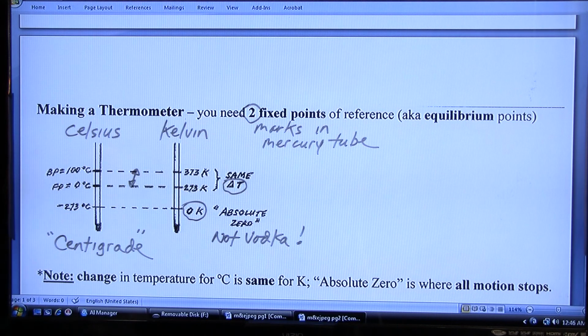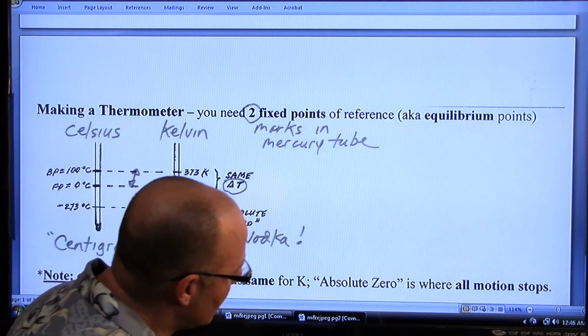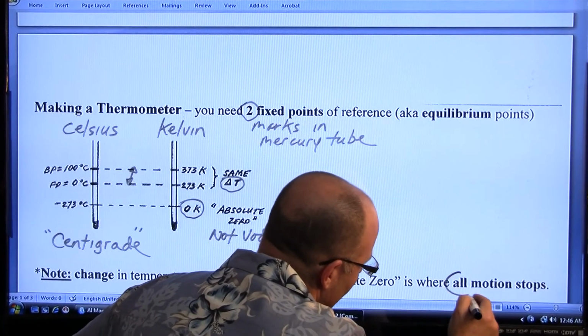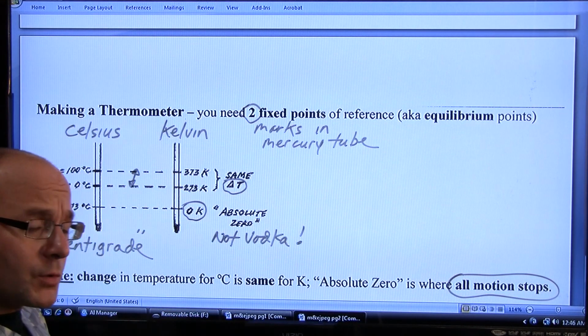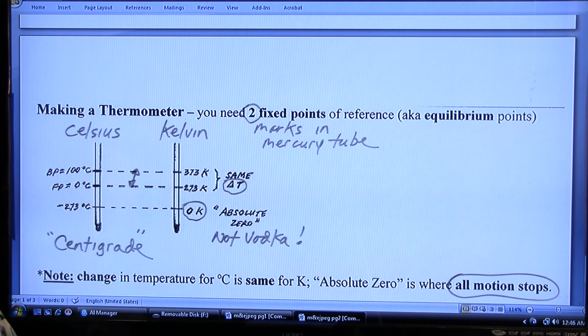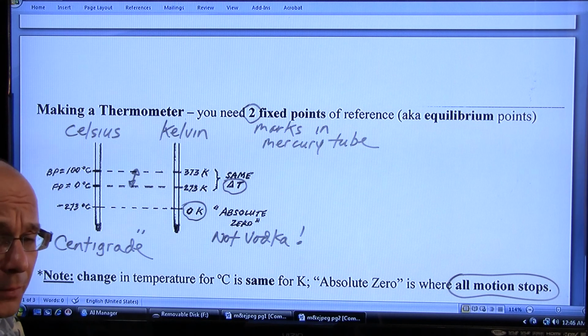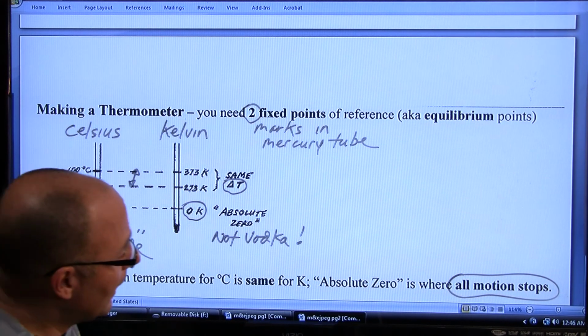What happens at absolute zero is all molecular motion, at least translational motion, stops. So all motion stops at absolute zero. So if all motion stops, that means kinetic energy, which has to do with motion, is zero at absolute zero.